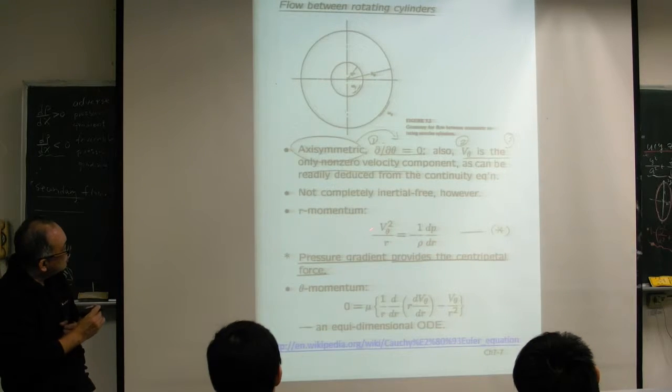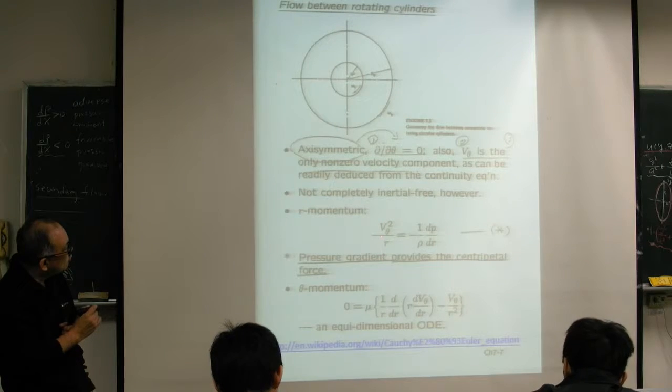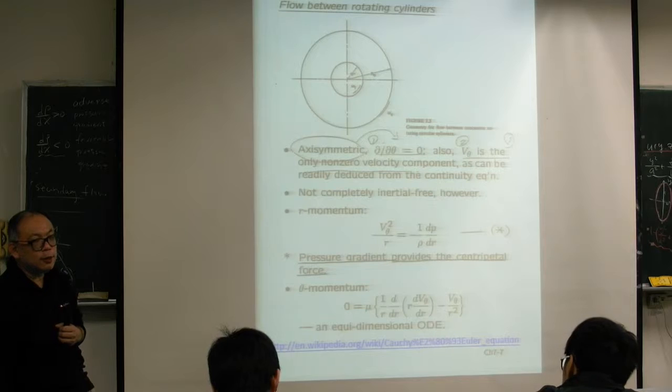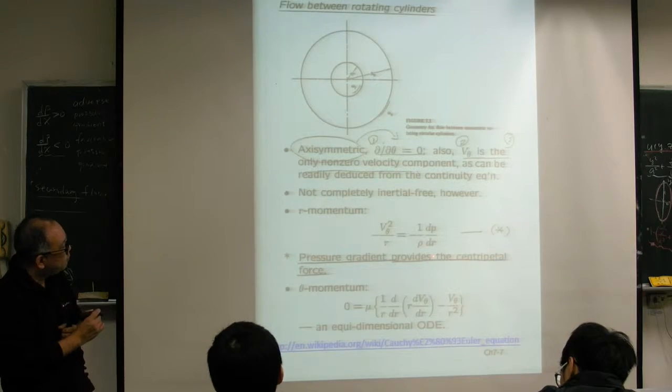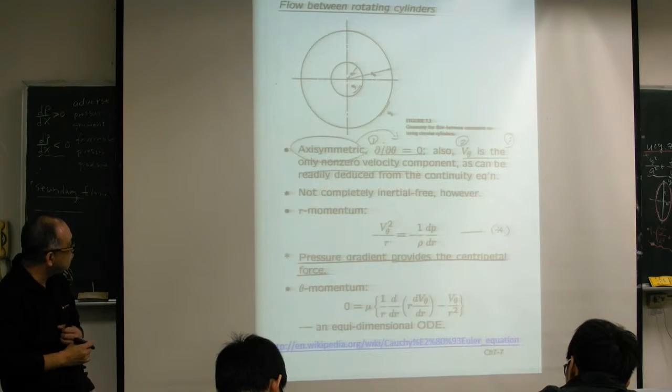This tells us the pressure gradient in the r direction is related to the so-called centripetal force. v theta squared over r is the centripetal force, so dP/dr generates this centripetal force.